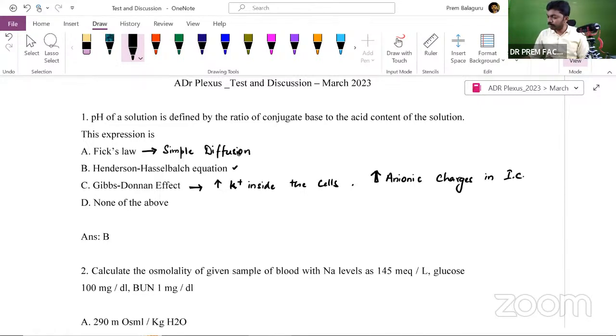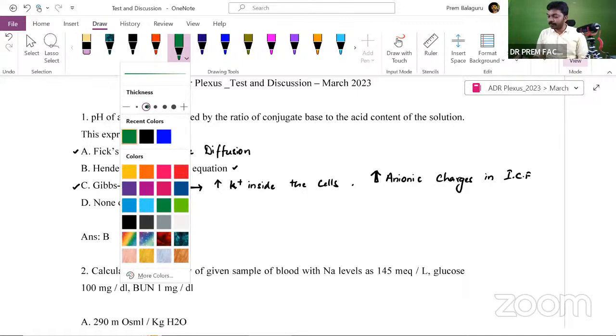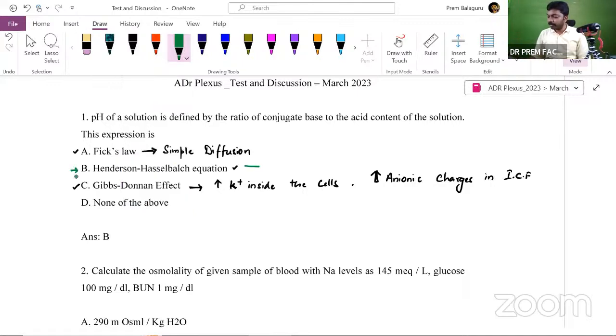So intracellular fluid is primarily anionic in charge, and the most dominant cation in the ICF is going to be potassium. These two factors are explained by the Gibbs-Donan effect. Fick's law explains simple diffusion. And obviously, the Henderson-Hasselbalch equation is the one that is going to determine the pH of a solution.